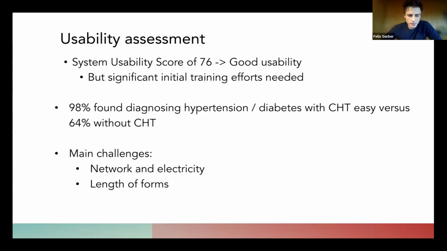And yes, in Lesotho, we still have some challenges with network and electricity. And also one of our downsides, maybe some lessons for other people who want to do research within an implementation project: make sure that you don't collect too much research data, otherwise you will tire your community health workers if they have to respond to too many questions.